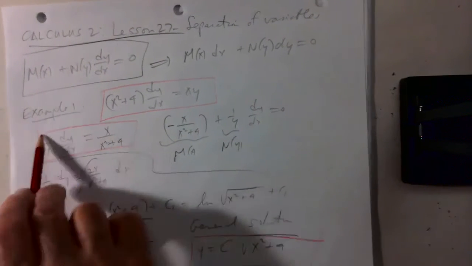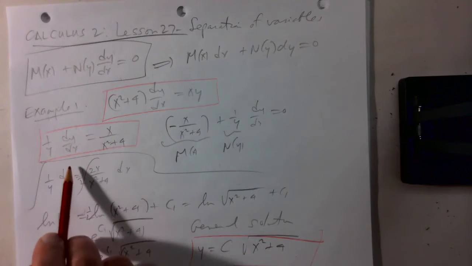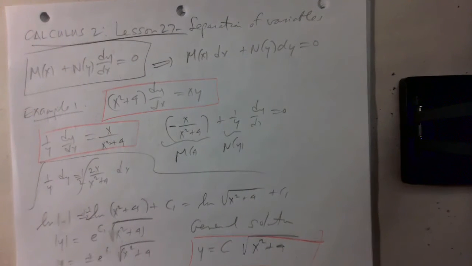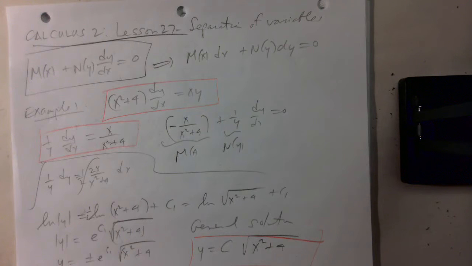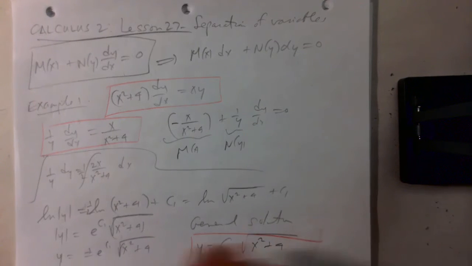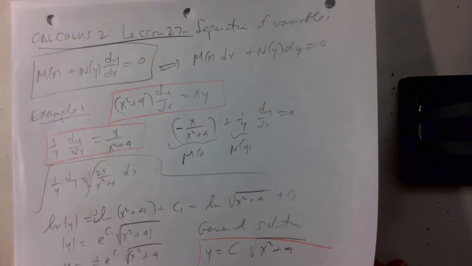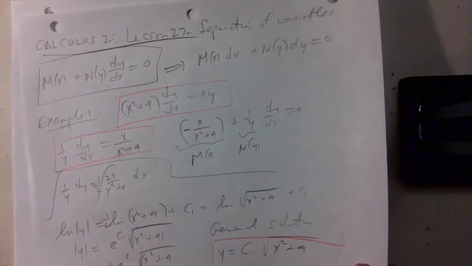And so now I've just rewritten the equation in this form, and in this form the variables are separated. And I can integrate and solve the equation. And you can check by differentiation that this really is correct. So this is a fundamental technique and is one of the things you're supposed to leave calculus 2 having learned.